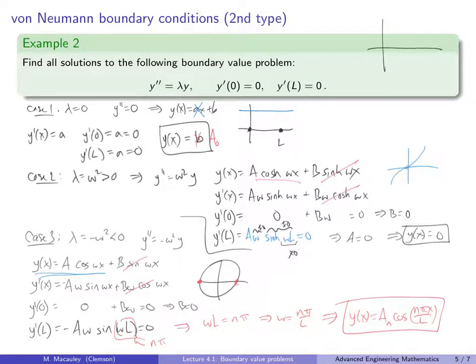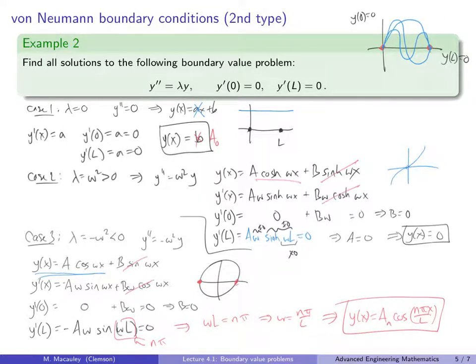So in the previous slide we had y of 0 equals 0, and we had y of L equals 0, and so we had a sine. All of these solutions are sine waves.